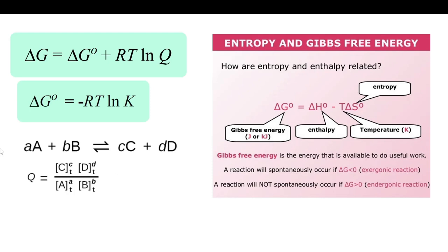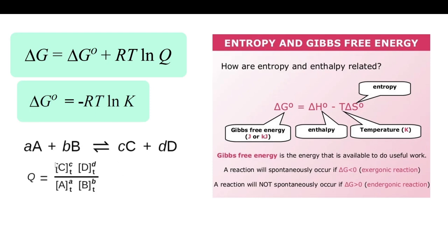So the reaction quotient is given by this formula: the concentration of the products to the power of their stoichiometric coefficients divided by the concentration of the reactants to the power of their stoichiometric coefficients.